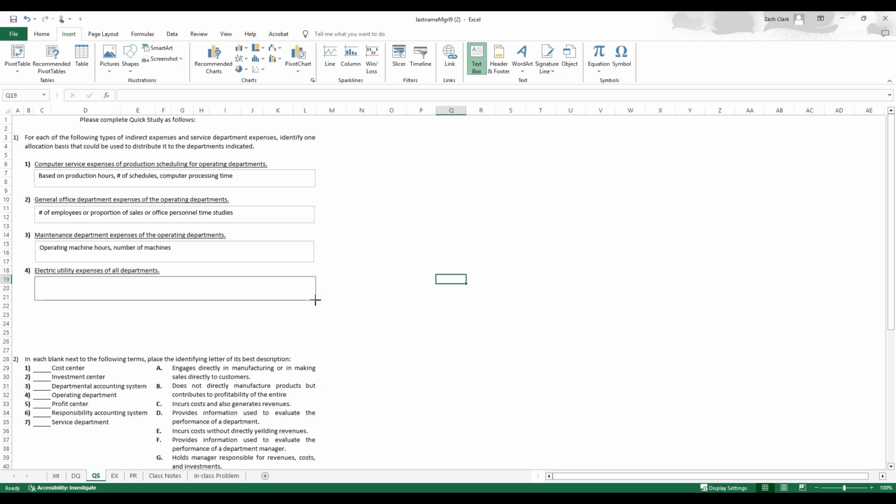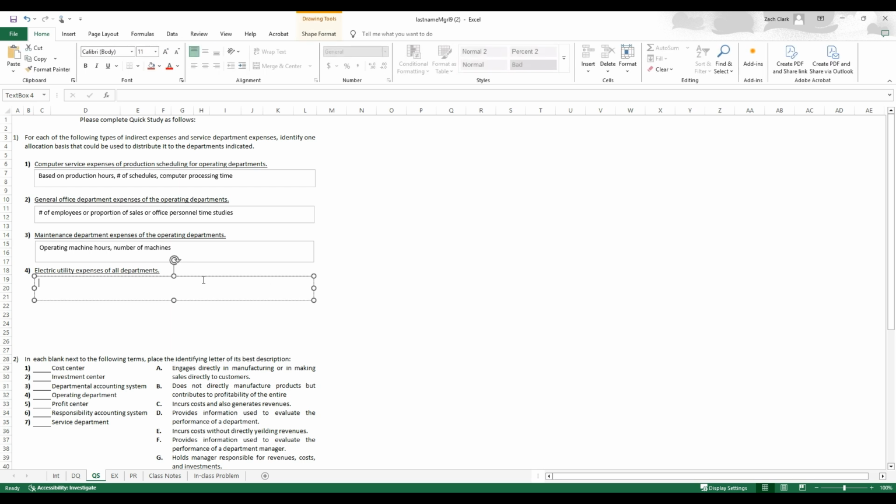And then electric utility expenses. We could base it on, let's say, square footage of the department. If a department is bigger, it probably uses more electricity. Maybe number of lights or wattage used, things of that nature.